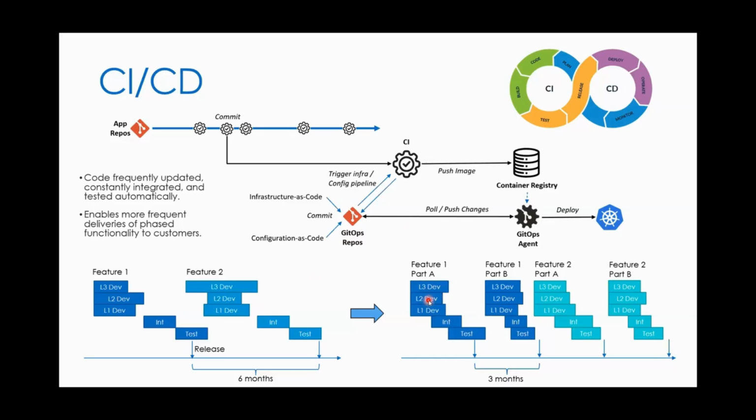So I would have sequential parts of the overall feature such that I could integrate them and test them early and deliver them more frequently to the customer. So often now the release timelines are more like 3 months or even 2 months. And in theory, the customers could get releases every few weeks or something like that. But the idea is that I'm going to have smaller pieces that are integrated and deliver those more frequently.